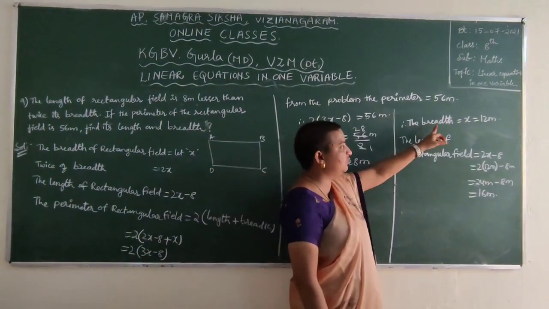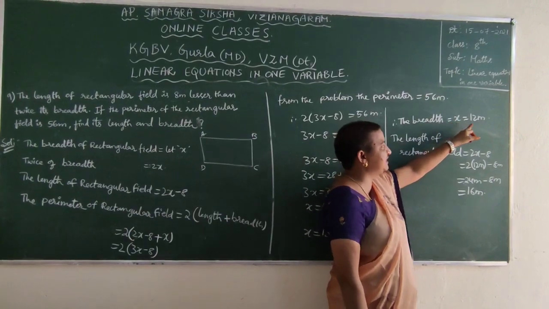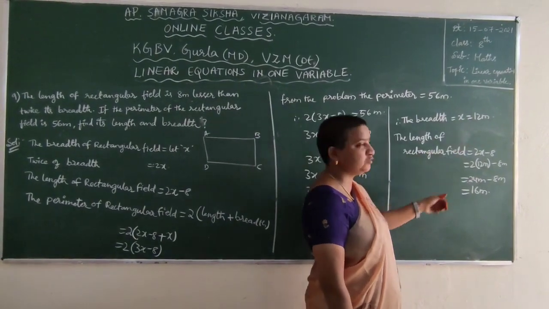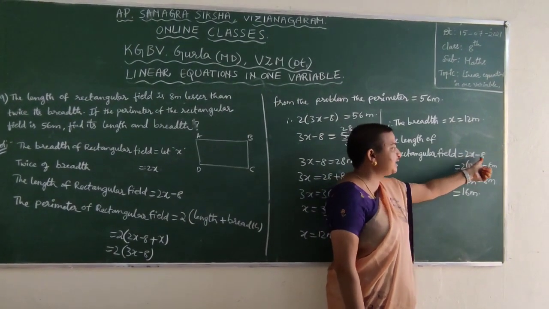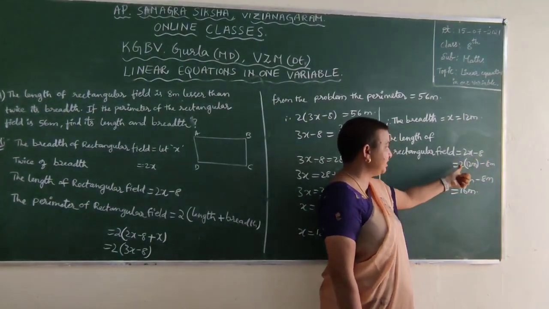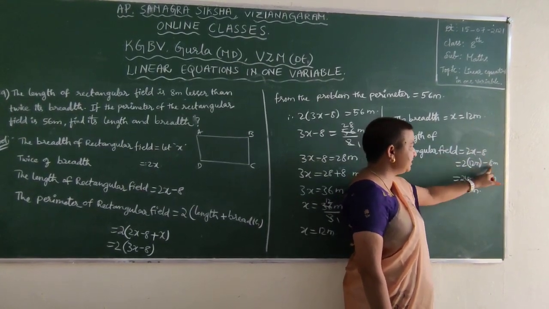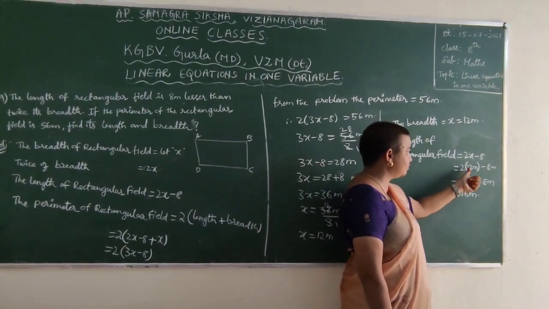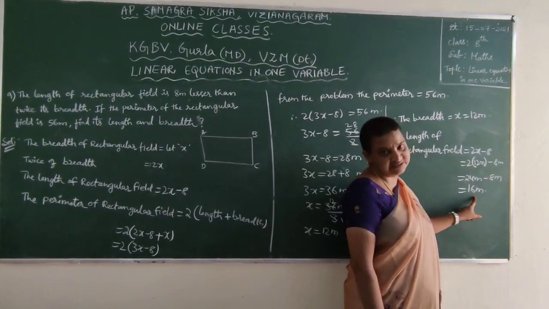The breadth of the rectangular field. So the breadth of the rectangular field, x, equals 12 meters. Now we have to find the length. So the length of the rectangular field is 2x minus 8 meters. That means 2 into x, how much? 12 meters minus 8 meters. That is equal to 2 twelves are 24 meters minus 8 meters. That is equal to 16 meters.